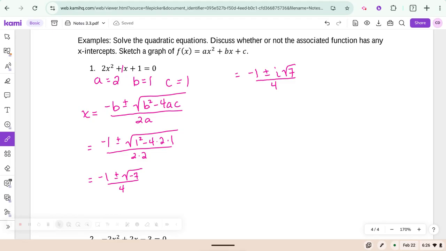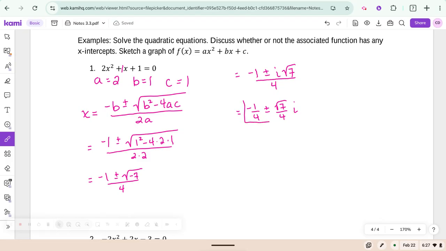In fact, 7 is a prime number, so I know that radical cannot be simplified. So I'm just going to separate this into negative 1 over 4 plus or minus the square root of 7 over 4, and I'm just going to put i out to the side.